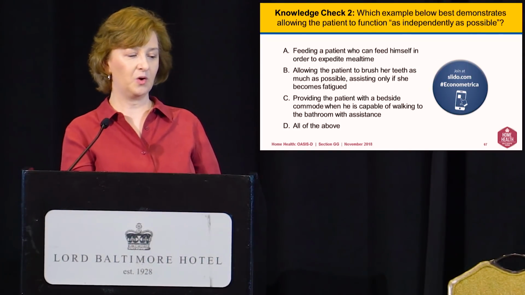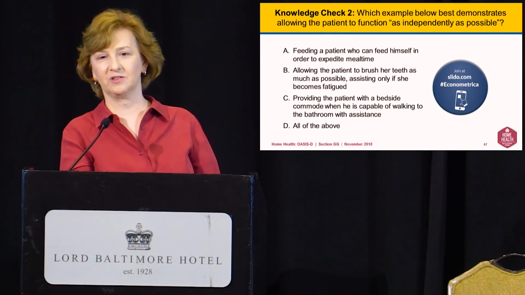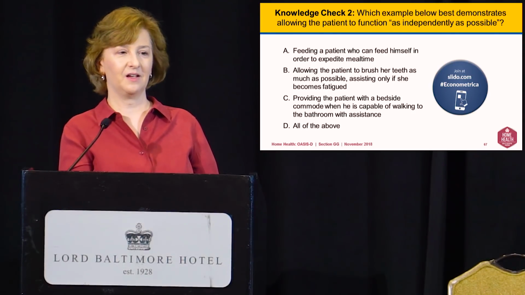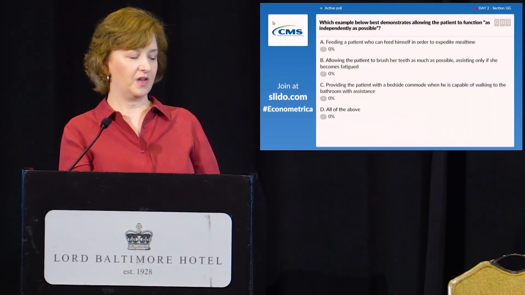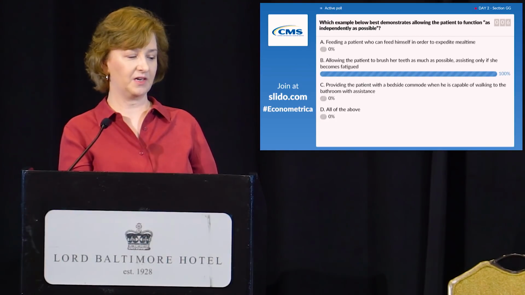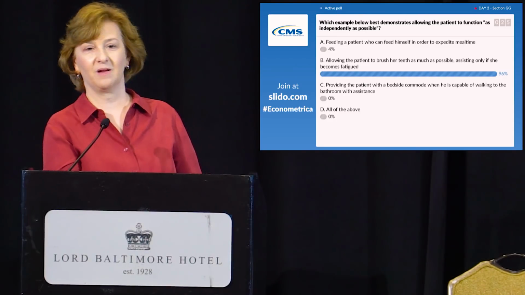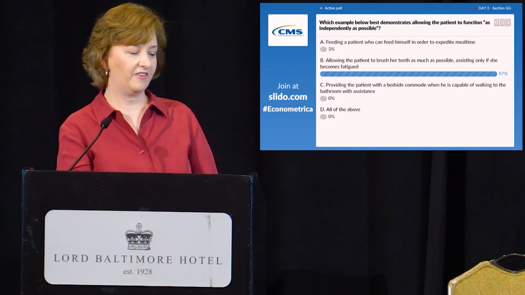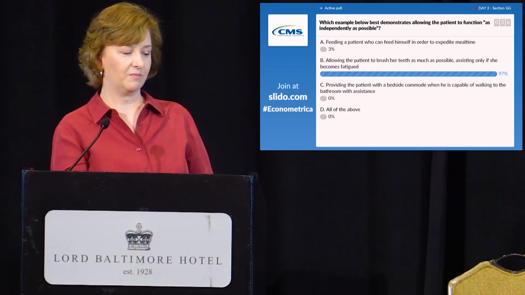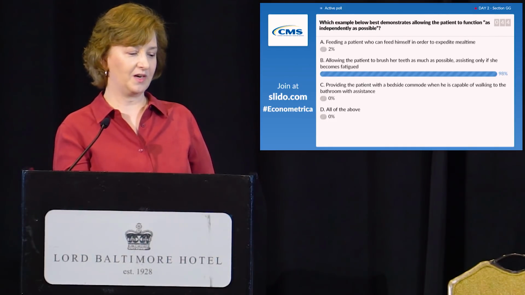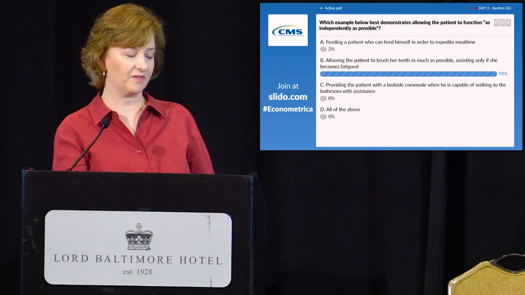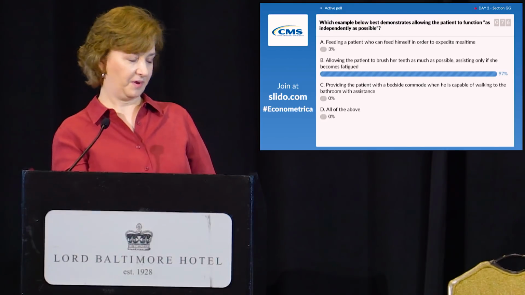So we have another knowledge check. Which example below best demonstrates allowing the patient to function as independently as possible? So the options that you can choose from are A, feeding a patient who can feed himself in order to expedite mealtime, B, allowing the patient to brush her teeth as much as possible, assisting only if she becomes fatigued, C, providing the assistance with the bedside commode when he is capable of walking to the bathroom with assistance, and D, all of the above.